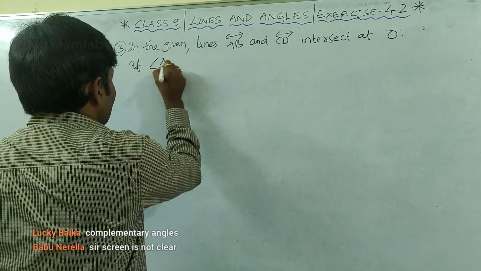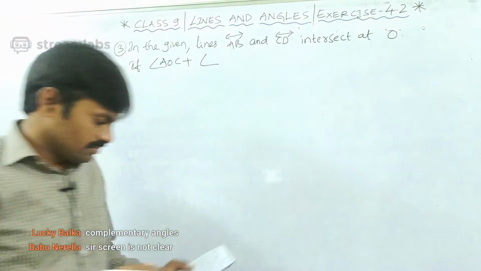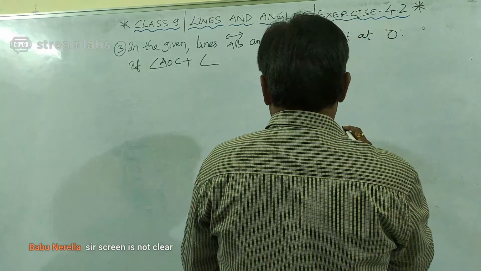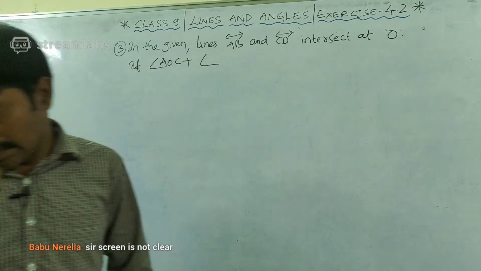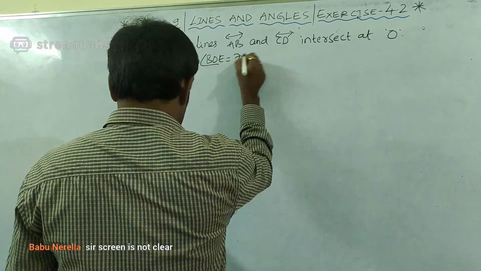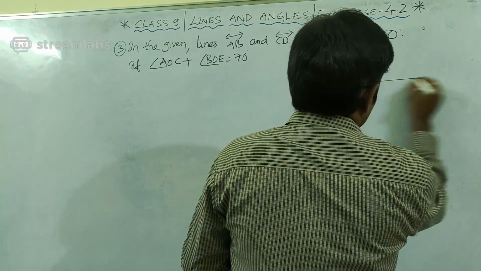So, if angle AOC plus angle BOD is equal to 70 degrees, angle AOC plus angle BOE is equal to 70 degrees. First I draw the figure. Okay, the figure is like this.